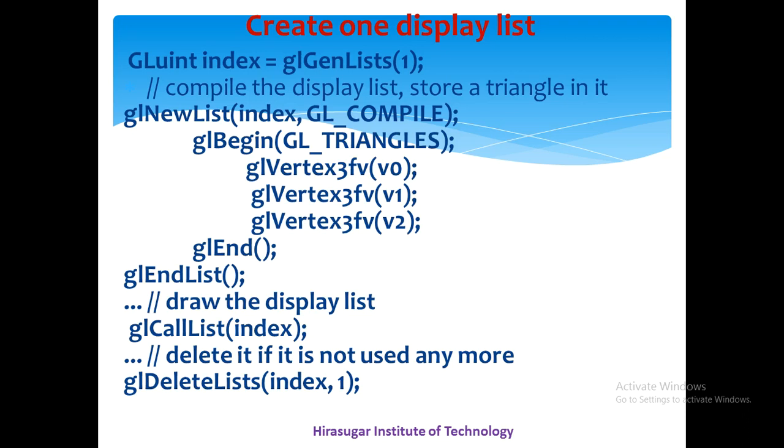Because every display list has its own unique number, you can take any number, but it must be unique. You are asking, give me 1, I want to use that 1 for my display list. But if it has not been given, it means another person might have already requested 1 and used it in their display list.